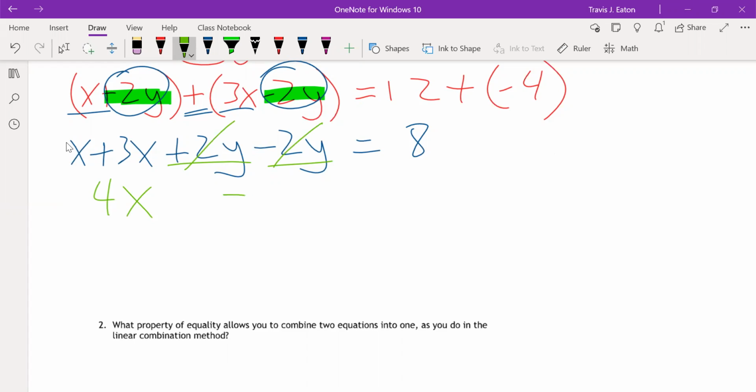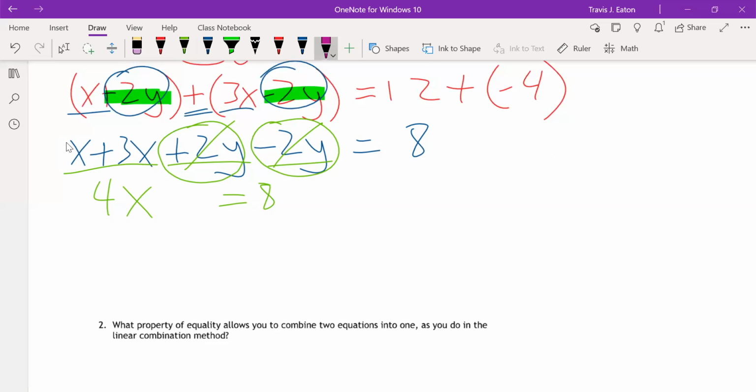So 4x equals 8. Okay, now go back again, make sure. See, I'm combining positive 2y and negative 2y. When you combine those, positive 2 plus negative 2 makes 0. And 0 means it's not there, so we don't even need it. So now we have 4x equals 8.